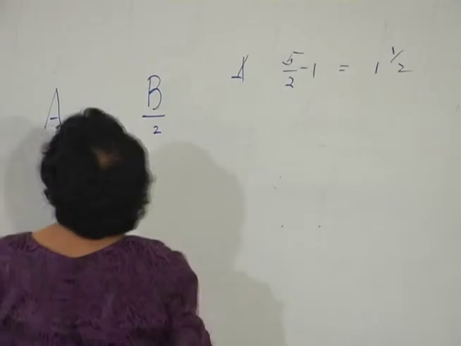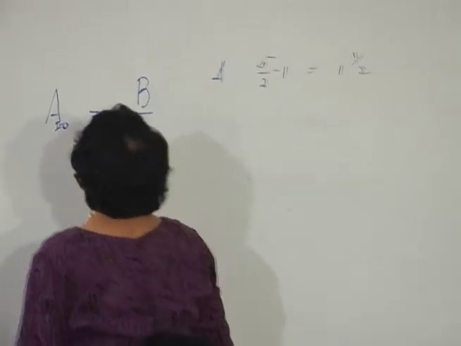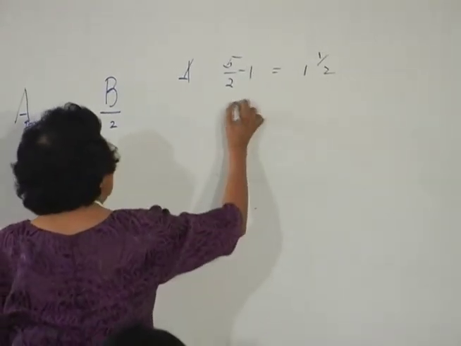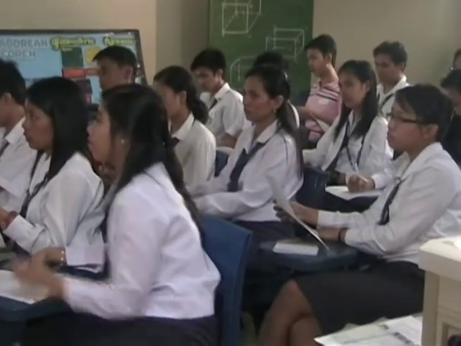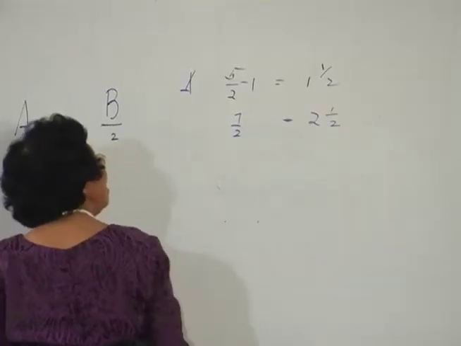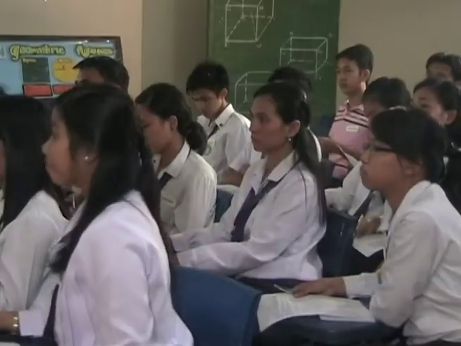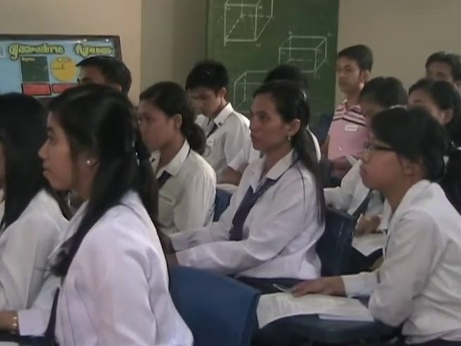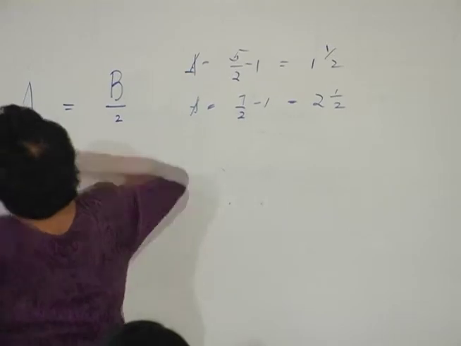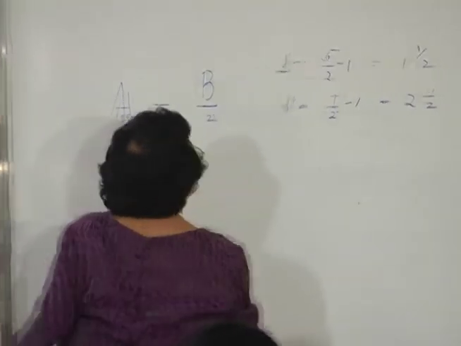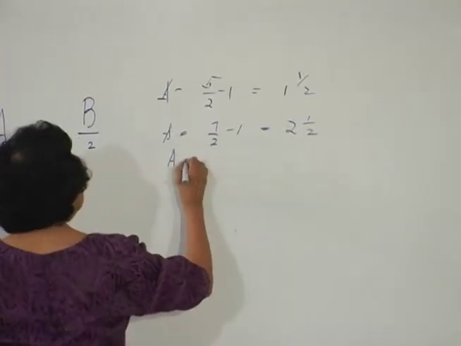Okay. How about number 6? How many boundary points? 7 over 2. What is the area? 2.5. Okay. How did I get it? Minus 1. Okay. Let's get number 7.